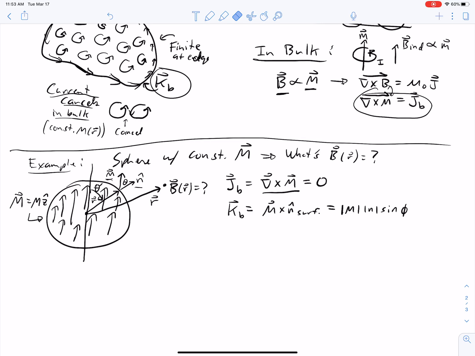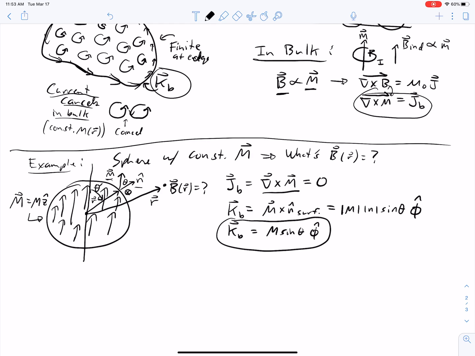Not phi. Sine theta. And the direction, if we use the right-hand rule for M cross N, then you see that the direction is going into the board at that point, and that direction, of course, is phi hat. So that means that the bound current density on the surface is equal to M sine theta phi hat.